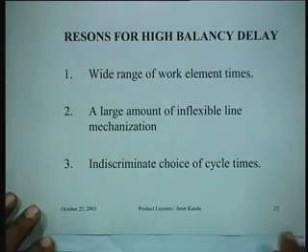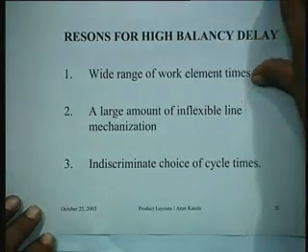So you could attempt to do a line for a cycle time of, let us say, 7, or a cycle time of 10, or a cycle time of 15, or whatever it is. If you do that, then for different cycle times you might get high balance delay. And those are some of the reasons why you have high balance delays.